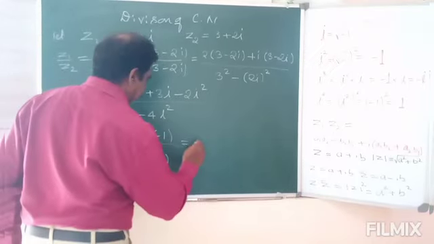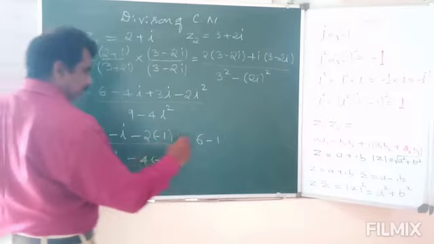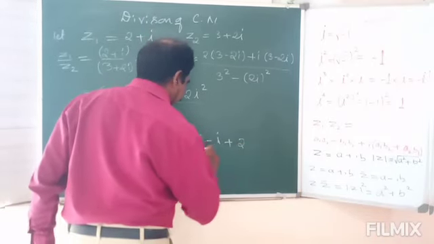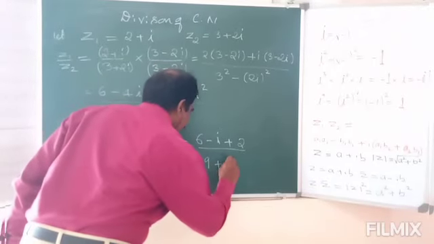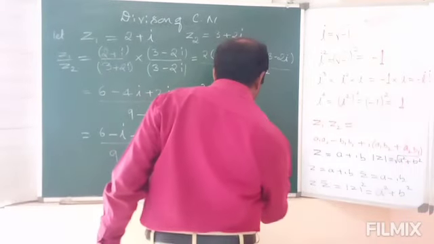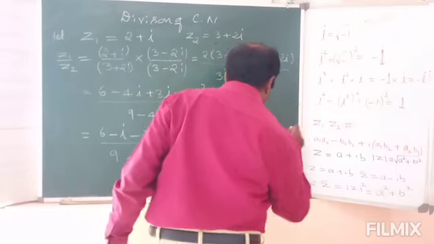That is equal to 6 minus i, minus into minus plus 2, divided by 9 plus 4, that is equal to 8 minus i by 13.